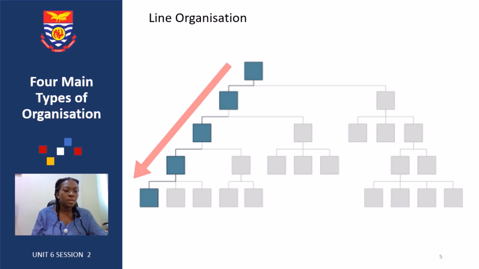Usually authority comes from top to down, while responsibilities move the other way, up. One beautiful thing about the line organization is that it shows a direct vertical relationship throughout the organization, and the highest authority is at the top and it goes down.